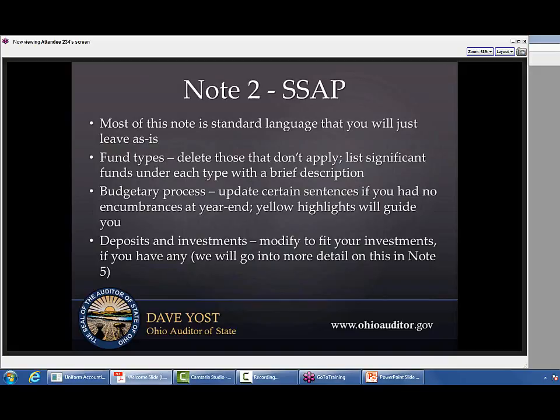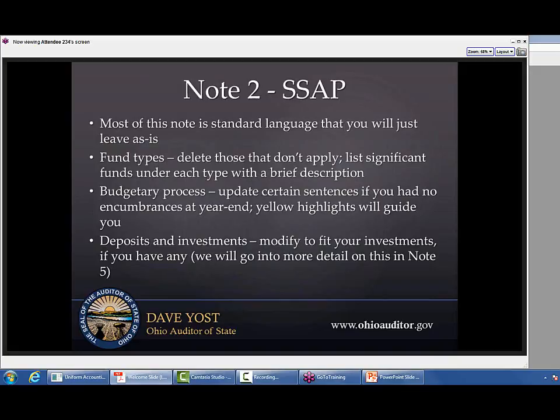We may have another township where the road and bridge fund is not significant, but they have a cemetery fund that's significant. Okay, they're not going to talk about road and bridge. They're going to talk about the gas tax and the cemetery fund. So UAN actually has a report, I think, that you can run to help determine what your major funds are, and that would be the guidance that you would use to fill this in. Okay? Whatever your major funds are for your entity, those are the ones that you want to talk about.